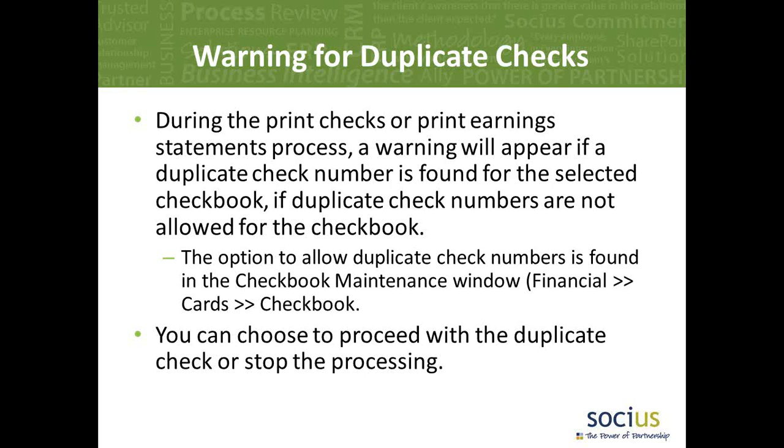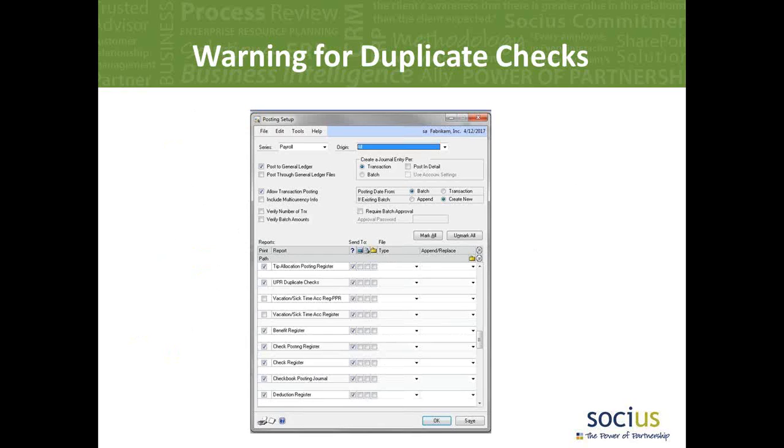With this new feature, Microsoft Dynamics GP 2013 will actually check that box prior to printing your payroll checks. To get this check report to be generated, it is in the posting setup. Again, a system administrator will have to set this, but in your company setup, the report is the UPR duplicate checks.